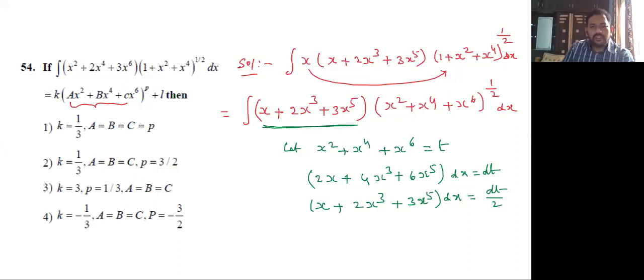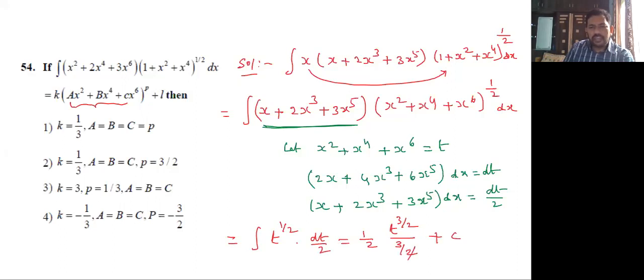Now go to the original question. Integration t power 1 by 2, the remaining value is dt by 2. Now apply the integration, 1 by 2 integration t power 1 by 2. t power 3 by 2 divided by 3 by 2 plus c.